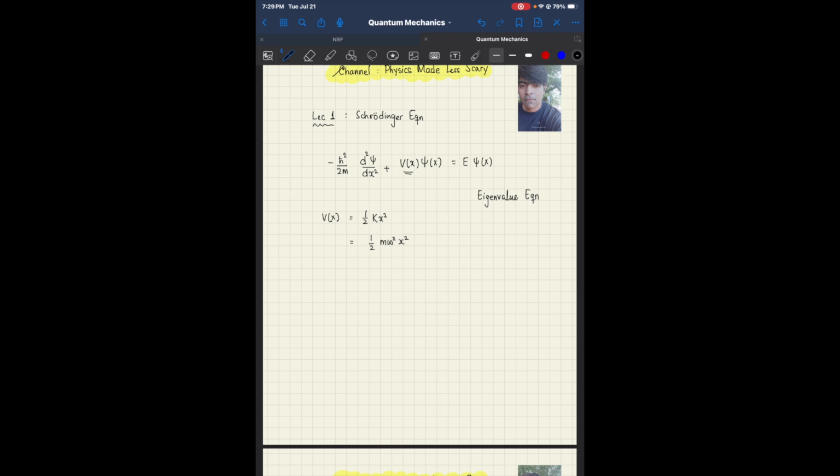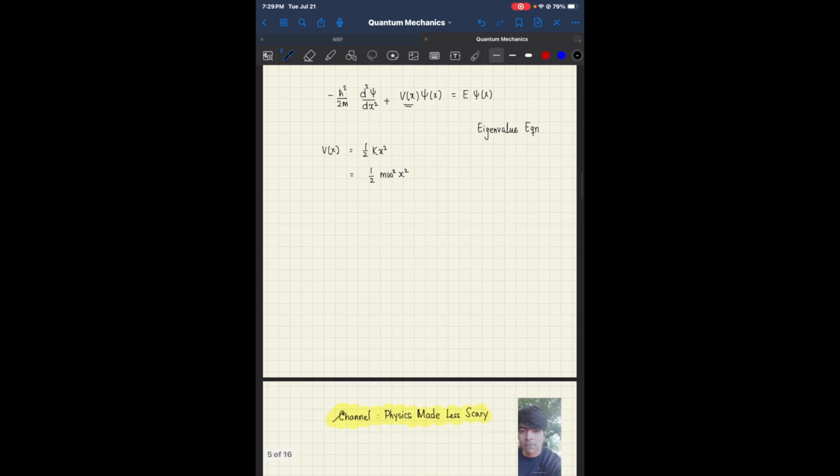So the equation that I want to solve is minus h bar square by 2m d2 psi dx square plus half m omega square x square psi of x is equal to some constant E that I need to figure out times psi of x.